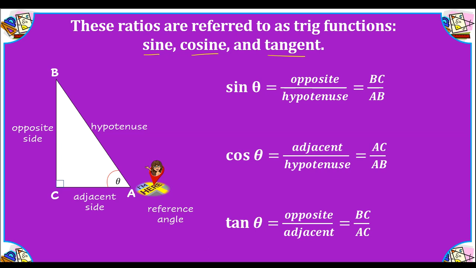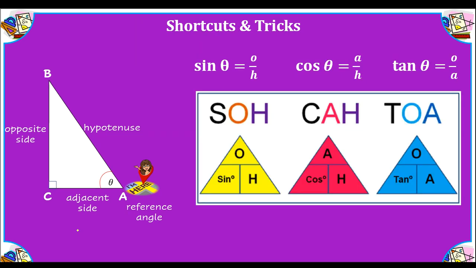So you're going to want to make sure you have this diagram and these trig functions written in your notebook, and always have them available when you're working with these type of problems. A little way to remember which side lengths go with which trig function is SOHCAHTOA. SOH tells us the sine of our angle is equal to the opposite over hypotenuse.